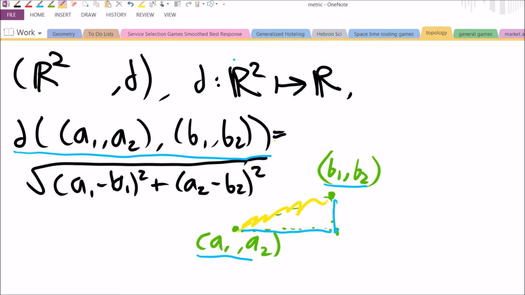So this is just your normal idea of a distance measure in 2D space.